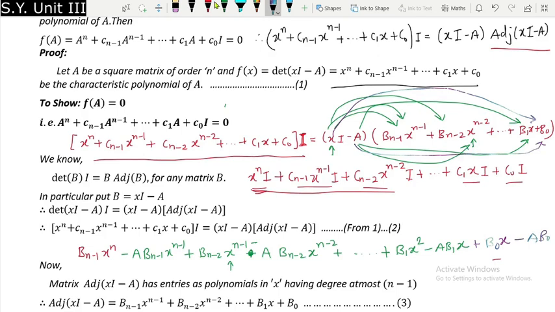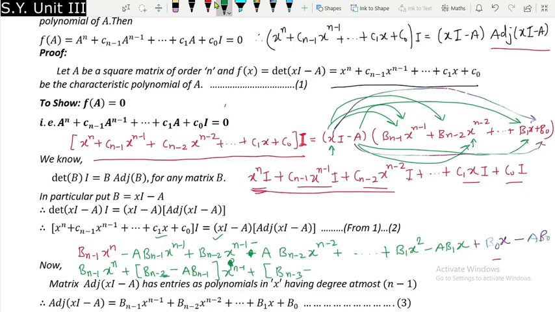Now I will simplify it a bit. So how can you simplify it? Now there is only one term of x raised to n, so I will write it as it is. Now we are going to combine the terms having degree n minus 1. You can see there are two terms, this one and this one. So I will write bn minus 2 over here, and minus a bn minus 1, and outside it will be x raised to n minus 1. I hope you are getting it. Plus, can you guess the next term? Next term will be bn minus 3, just reduce it by 1.